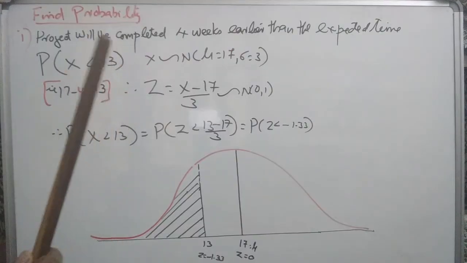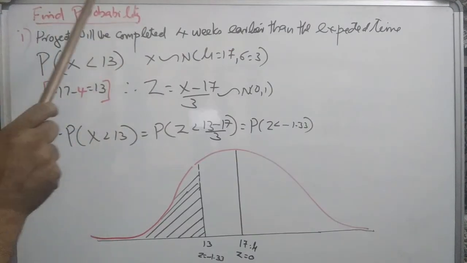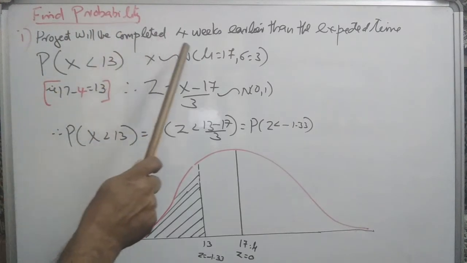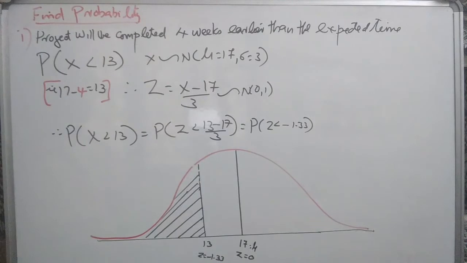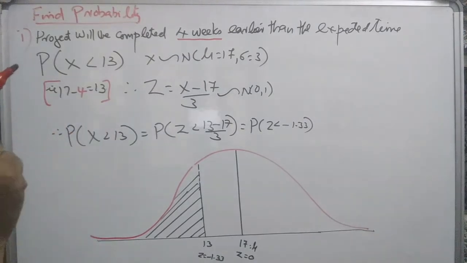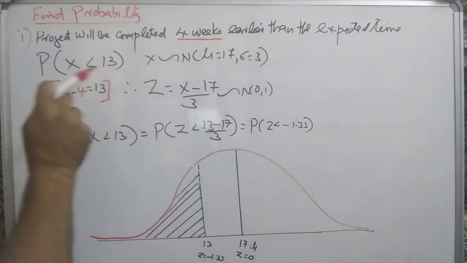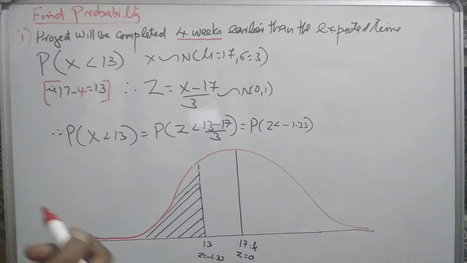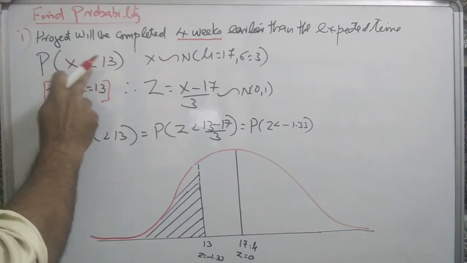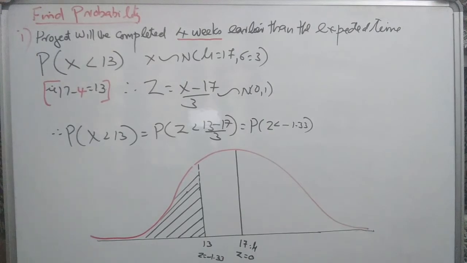The next segment of questions is related to finding probability. Find the probability that the project will be completed 4 weeks earlier than the expected time. Expected time is 17. Standard deviation is 3. So the required probability is 4 weeks earlier: 17 minus 4, 13. Probability of X less than 13. That's the required probability.